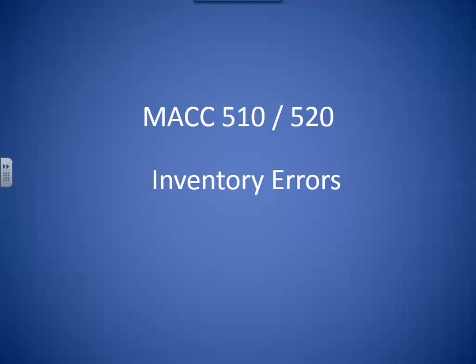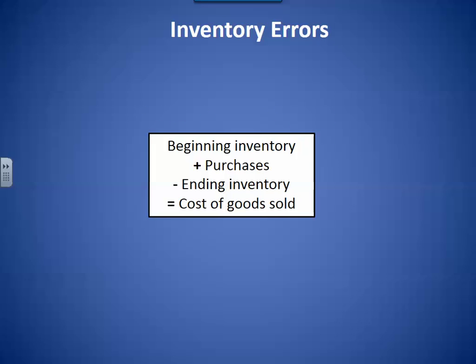For example, if a purchase is not recorded and those goods are not included in ending inventory, cost of goods sold, which is beginning inventory plus purchases minus ending inventory, and net income are unaffected, but our current assets and current liabilities are understated by that omission.